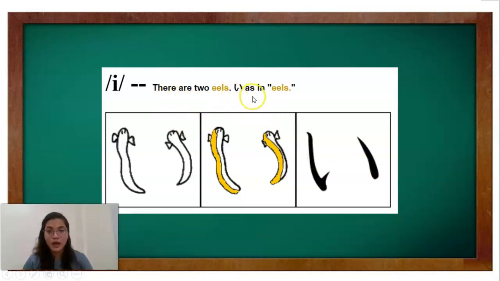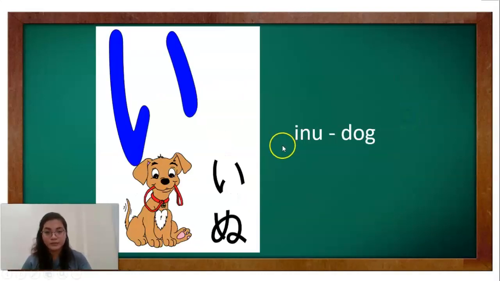So I as in eels. Okay? So here's an example word that starts with I. Inu. Inu means dog.